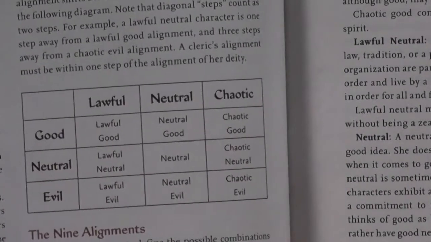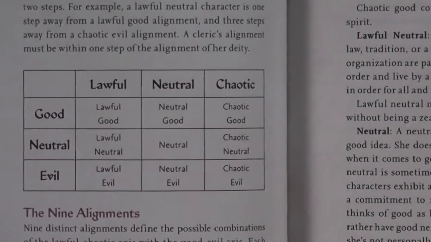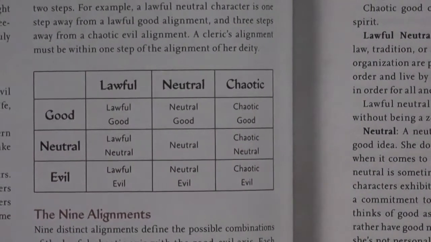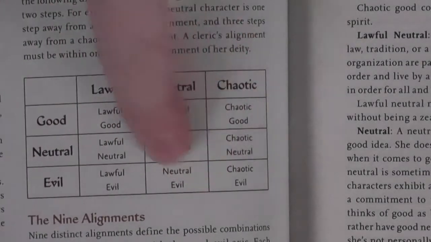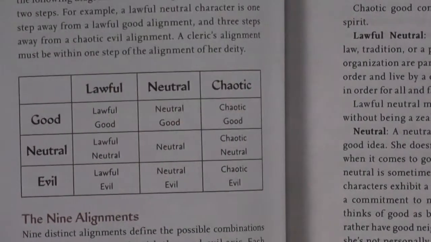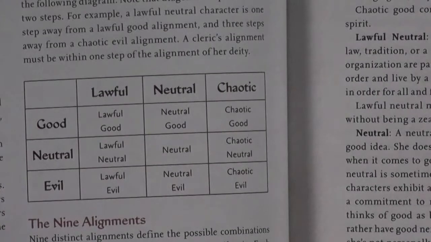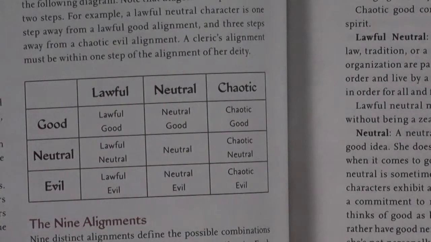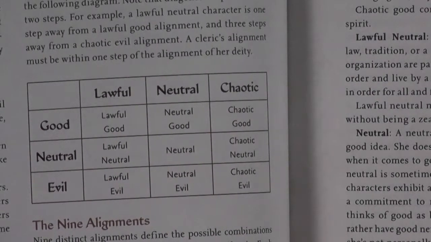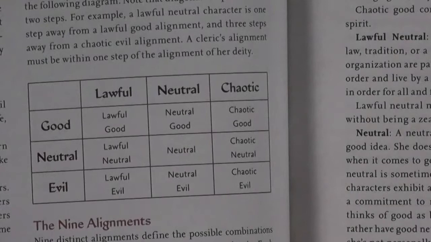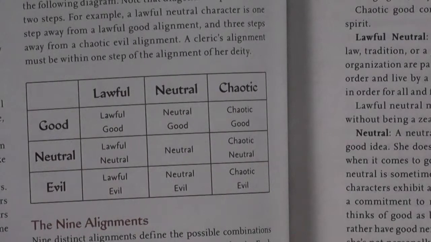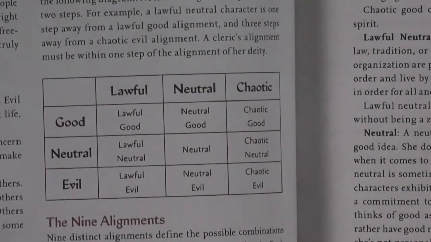So you have to have one of these, and just make sure you stick to how your character would act. Usually, I generally tend to pick alignment while I do my race and class, and yeah, so that's alignment.